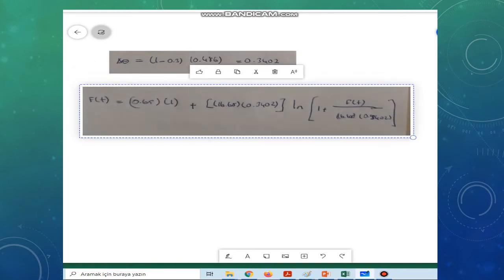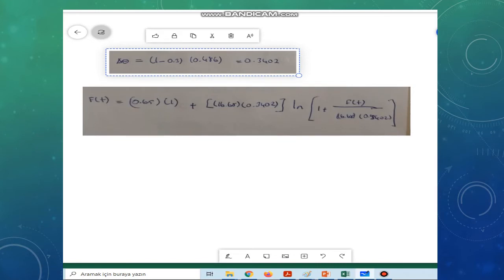Cumulative infiltration is equal to hydraulic conductivity, which is 0.65, multiplied by 1 hour, plus suction head, which is 16.68, multiplied by delta theta, which we found here, 0.3402, and we need to multiply by the natural logarithm of 1 plus cumulative infiltration over 16.68 multiplied by 0.3402. That is going to be our Green-Ampt equation.